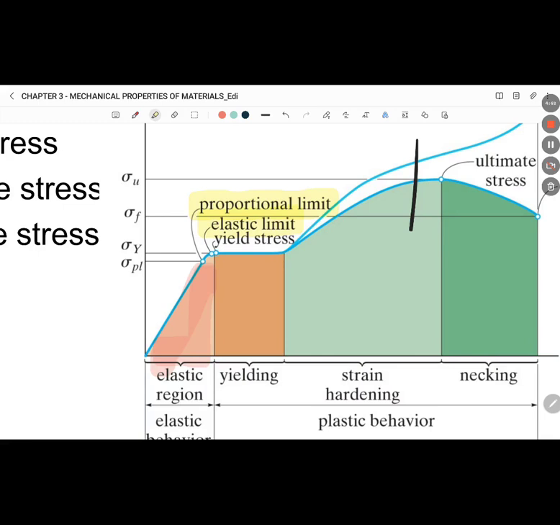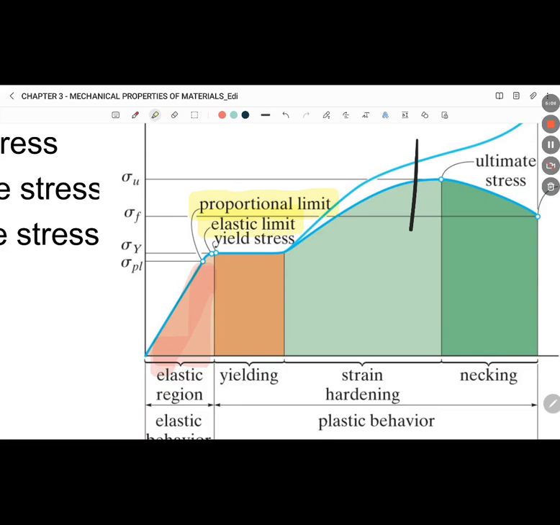That means if you pull a sample and the stress value reaches up to the elastic limit and then you remove the load, the sample will go back to its original shape.